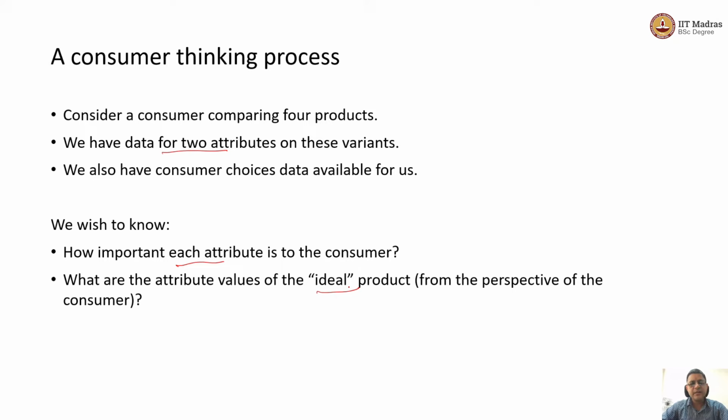Now, why is this kind of analysis difficult? This kind of analysis is difficult because it becomes difficult for the consumer to articulate the differences for each individual attribute at a time, right? For example, if you ask the consumer, do you want 1000 cc engine capacity? Do you want a 1200 cc engine capacity?